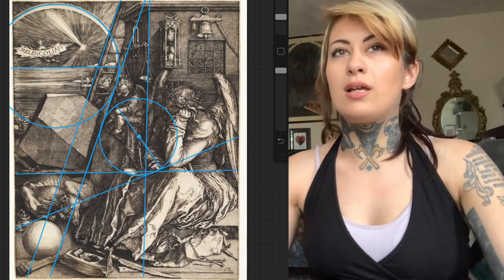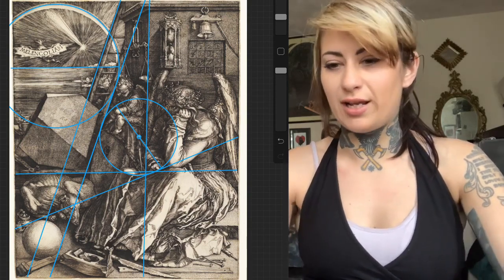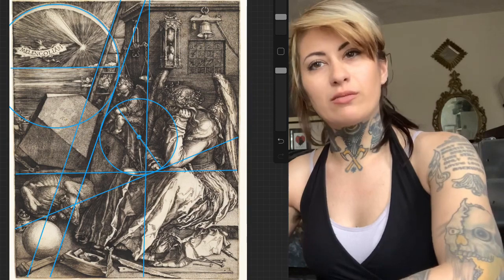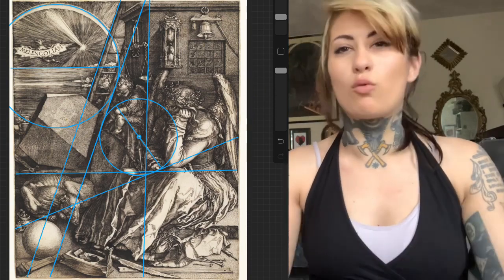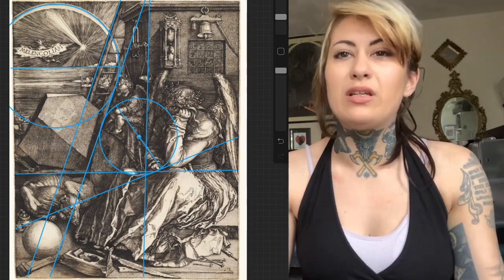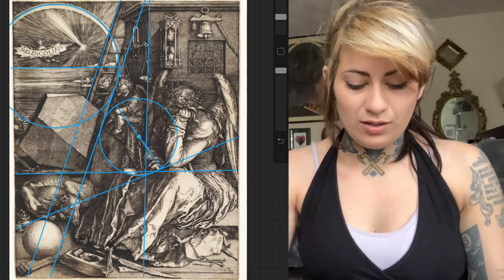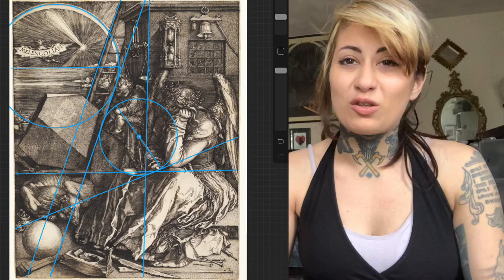And so if you produce work in the same laws that nature produces its work, it will be strong, it will be striking, and it will be quote unquote harmonious with the world that we exist in. And so that's the compass, that's the square and circle.